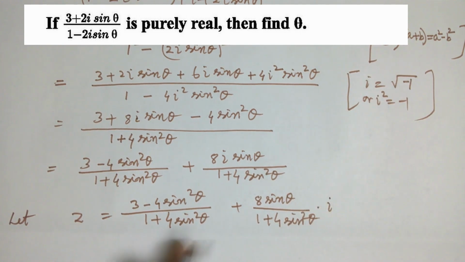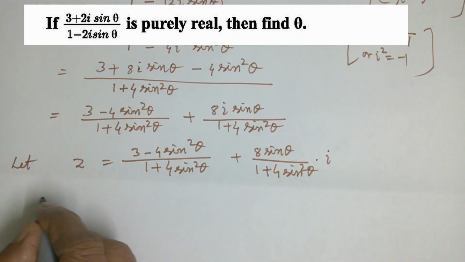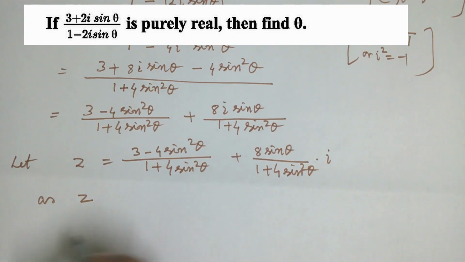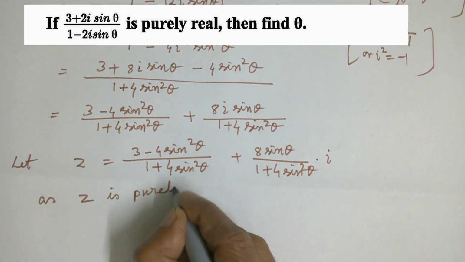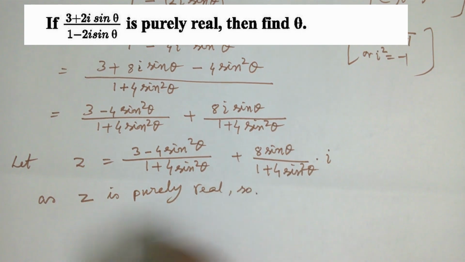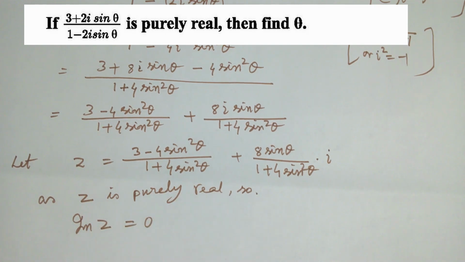Now this is a plus ib form. As z, as per the condition, is purely real, the imaginary part of z is equal to 0.